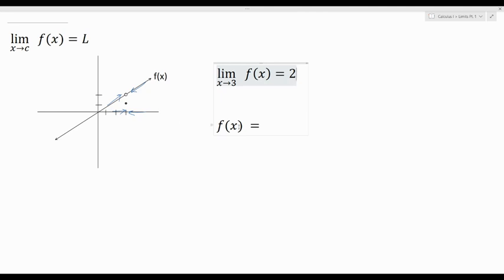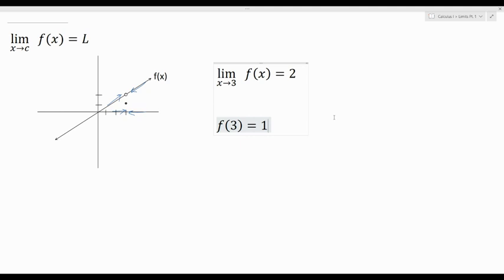Now, f of 3 is actually defined to be 1. And this is where limits become important and a little bit hard to wrap your head around at first, but hopefully you'll get used to it. F of 3 is where the function actually is at 3. And in this case, the y-coordinate at 3, or the output value for f of x at 3, is 1.